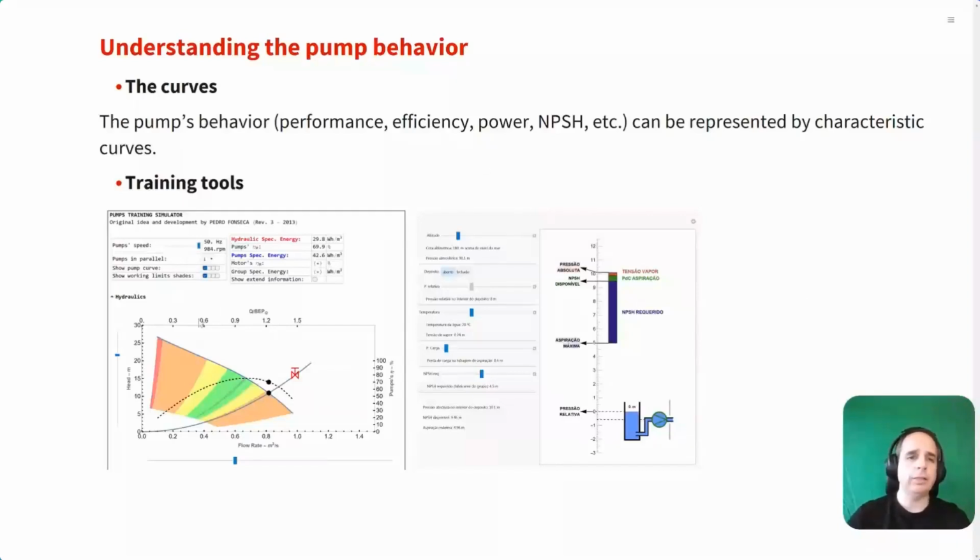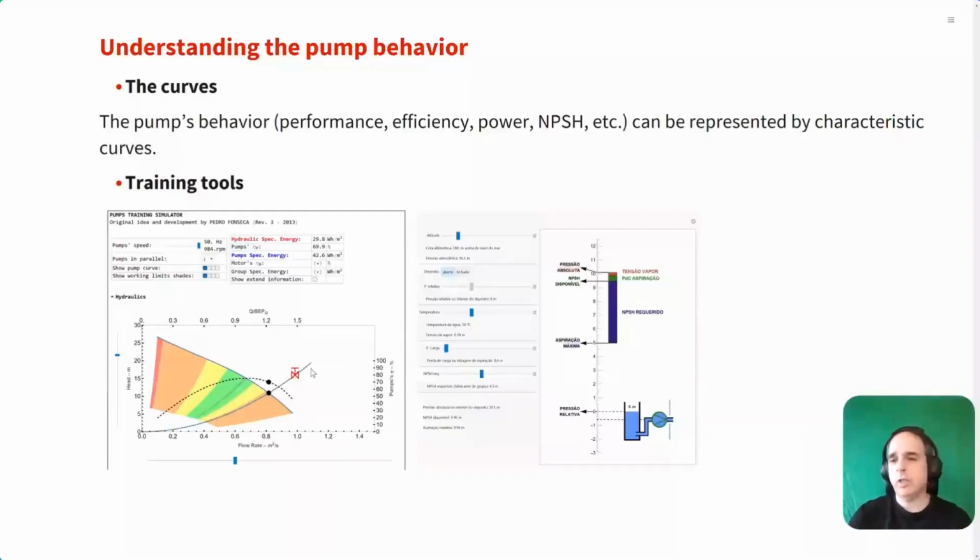That curve has the visual aspect of what we see here. You can see on this plot flow rate at the bottom, head on the left side, pressure on the left side. There are many other curves that are of interest, the efficiency curve, the power curve, but one of the most important ones that connects to the pump curve is the system curve, as we can see here.